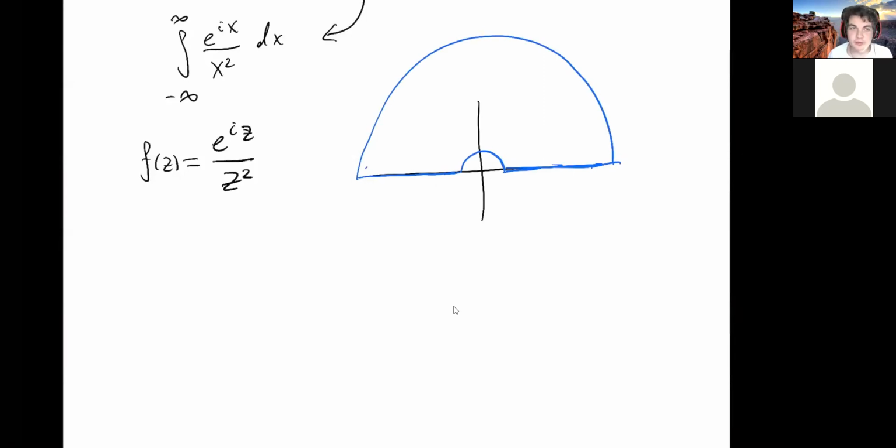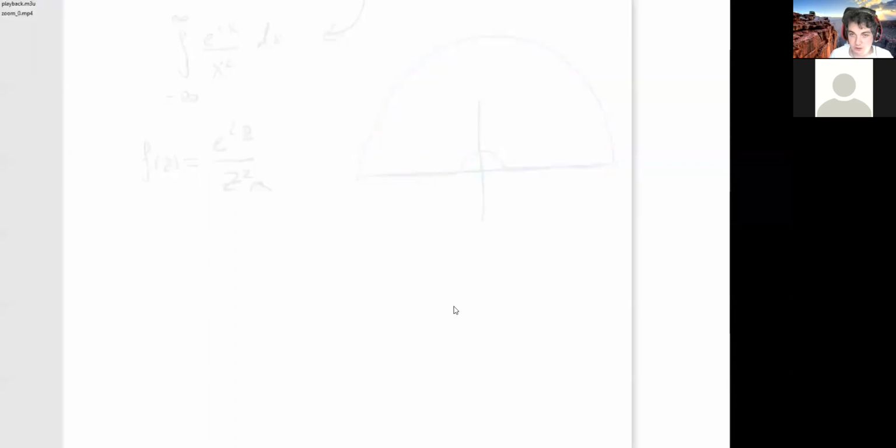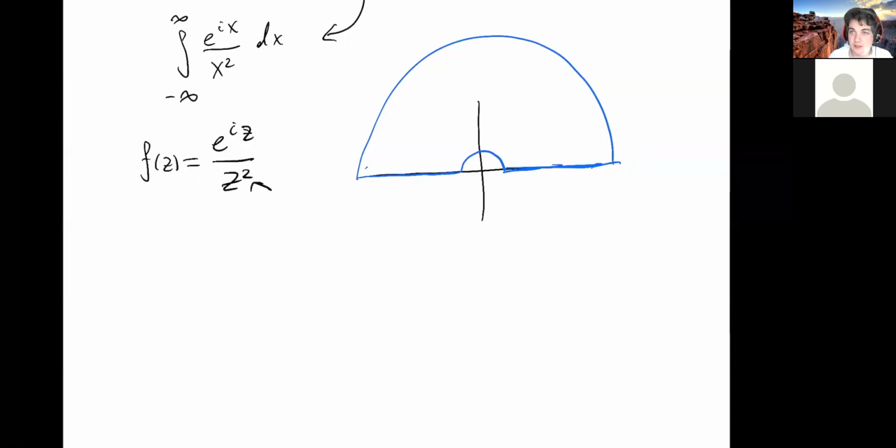So it's fine if the problem is inside the contour. It's fine if the problem is outside of the contour. But it's not fine, it's actually really bad when the problem is on the boundary of the contour. So, and when the problem is such on the real line, we always kind of go around like this, as shown.